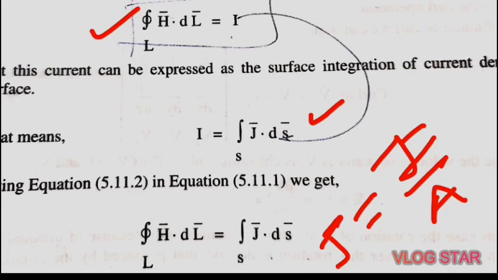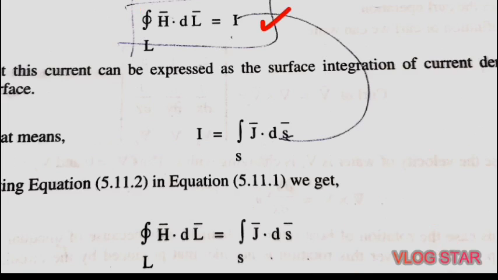Here the left hand side, H bar dl bar, is equal to the value of I, which is J into the surface area. So we can write the right hand side, I, as an integration over the surface S of J bar dot ds bar, using these two equations.